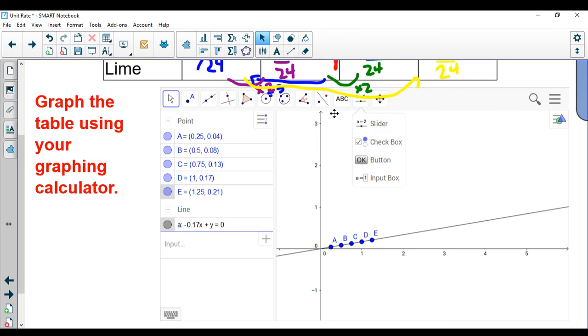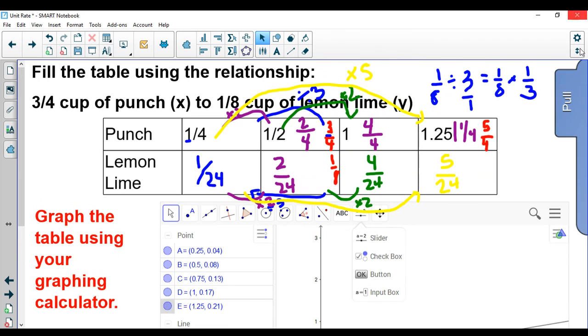That means everything moves equally. As this increases by 1/4 each time, this side increases by 1/24 each time. So that is something we're going to get into more a little later.